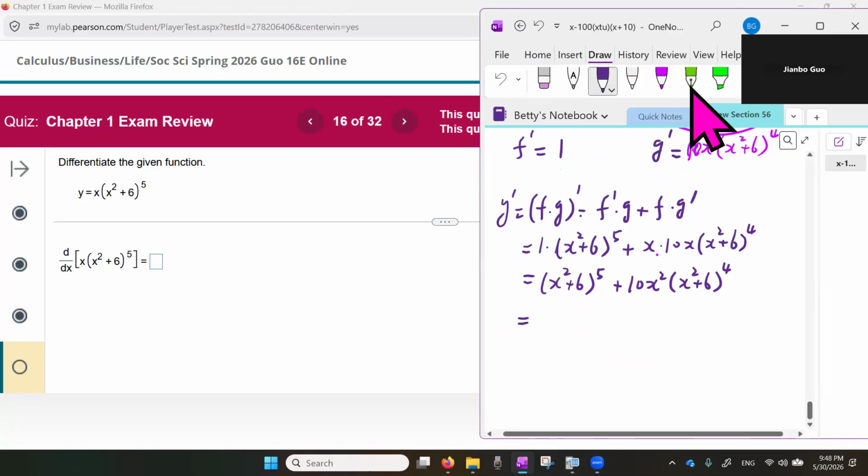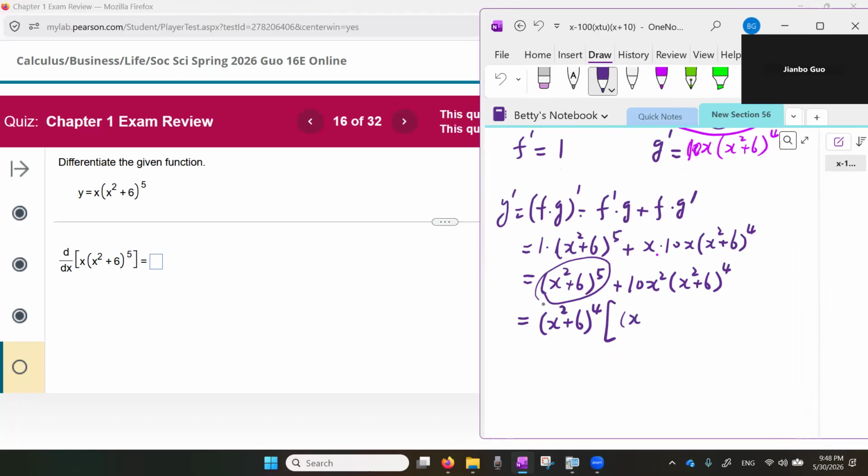We are going to take out the common factor, okay, the GCF. So (x squared plus 6) to the power 4 is the GCF of the two parts. In this part, we factor out the fourth power, so we have (x squared plus 6) to the power 1 left, plus 10x squared, because this part is factored out in a bracket.